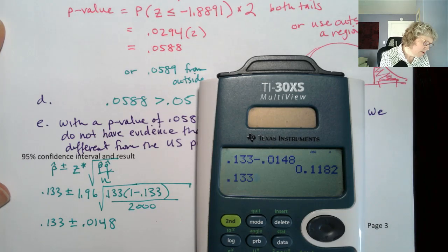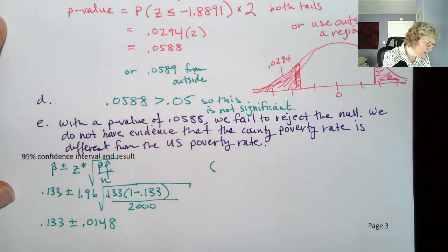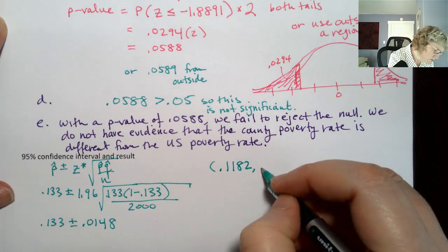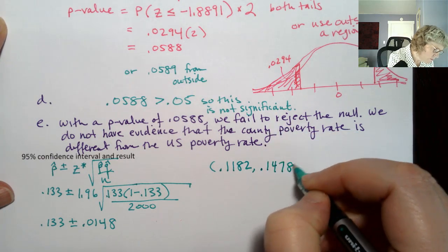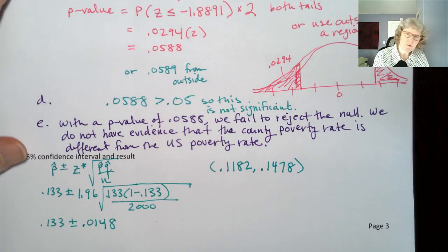And 0.133 plus 0.0148. Okay, so I'm getting 0.1182 to 0.1478. Now we need to see where the null value falls in that, right?